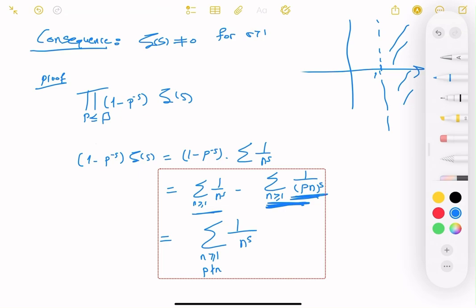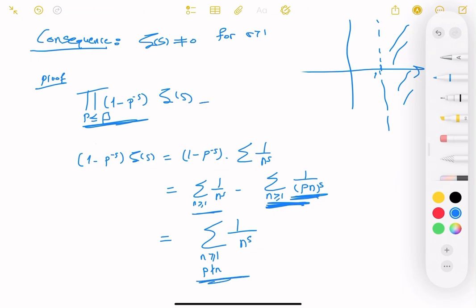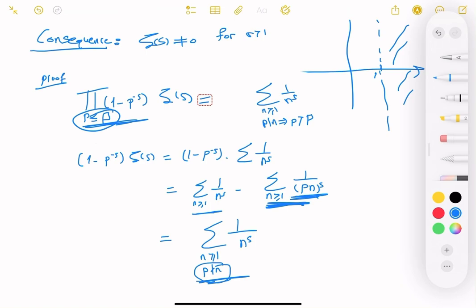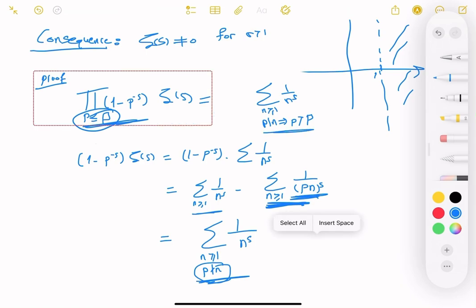But the point here is that if I multiply by a finite product like this and I repeat this process, I see that I should get the sum of 1 over n to the s, n bigger than or equal to 1, where if p divides n, then necessarily p is bigger than big P. So we've taken all the primes less than p, so we must be like that.